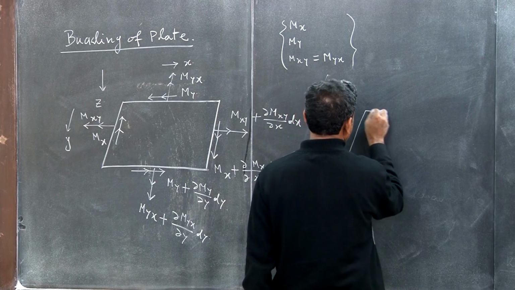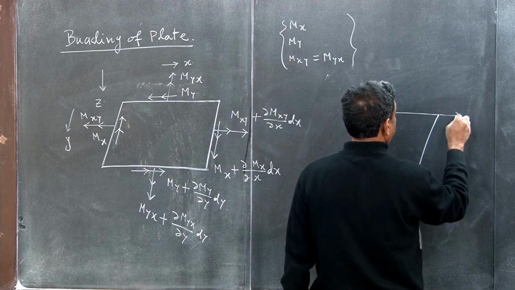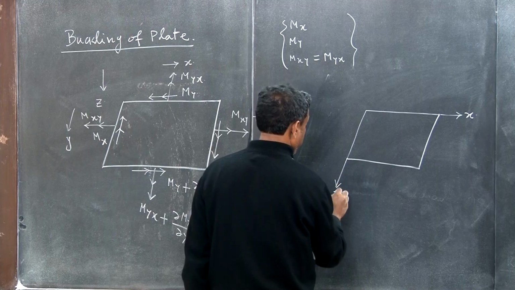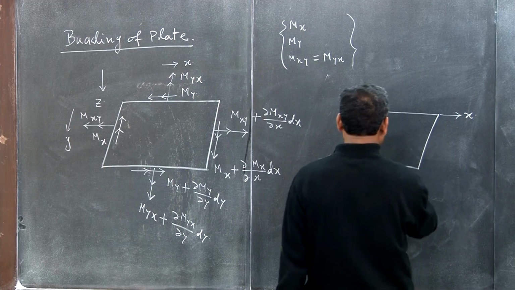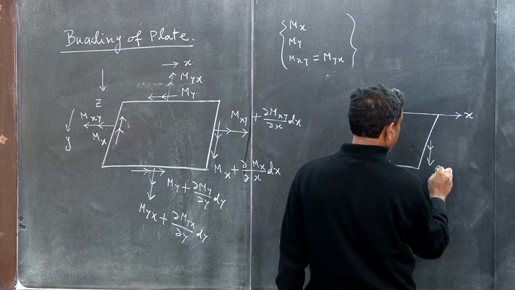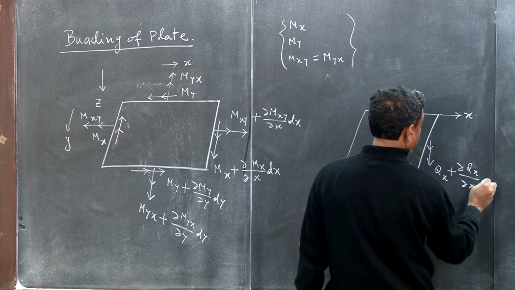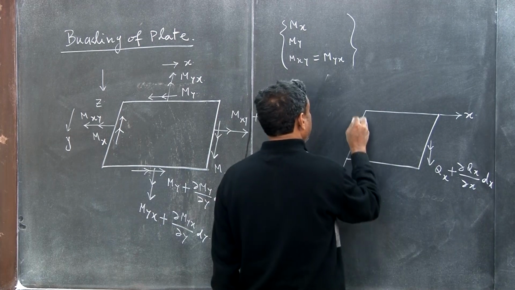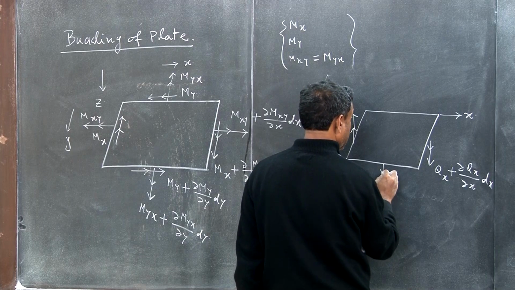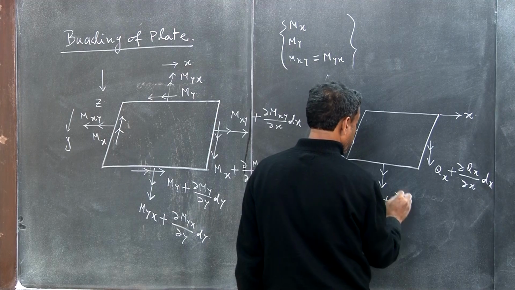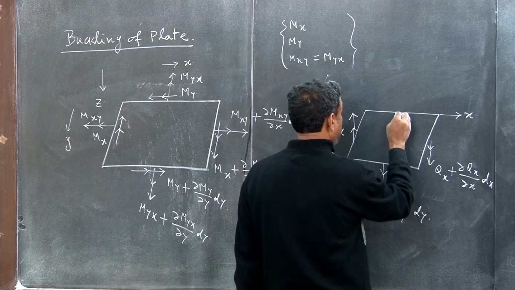The forces, how can we show them? This is positive x, right, and downward is positive, so this is Qx plus del Qx by del x dx, and here it was Qx. Then here it was Qy plus del Qy by del y dy, downward.